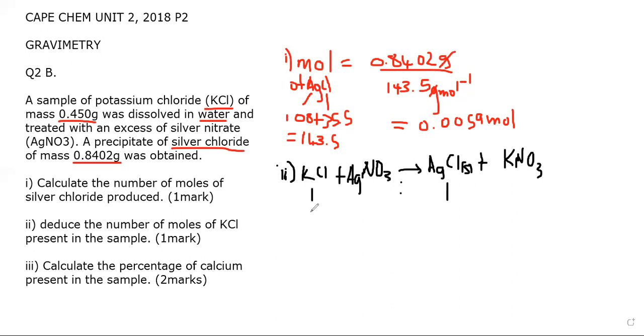So the mole of KCl is the same as silver chloride. So the mole of KCl is 0.0059.